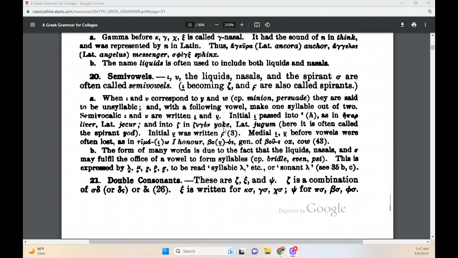So if you get further back, when we talk about classical Greek, we're usually talking about the Greek language as it was spoken during the classical period of Greek history. So if you go back from the classical period to the time of Homer, 300 years or 400 years before the classical period, the Greek of Homer is going to be slightly different from the Greek that was spoken by Aristotle.